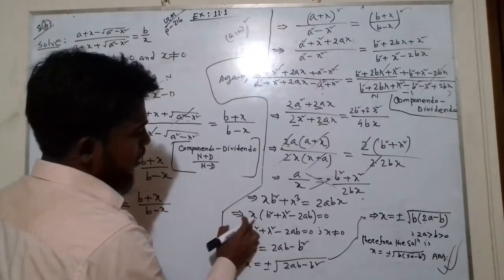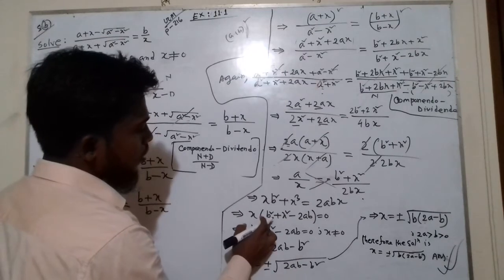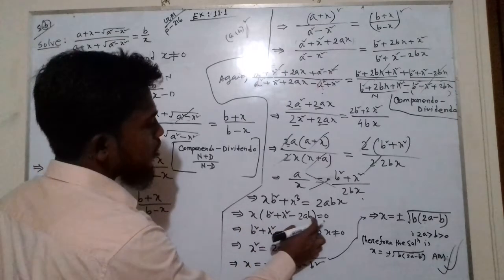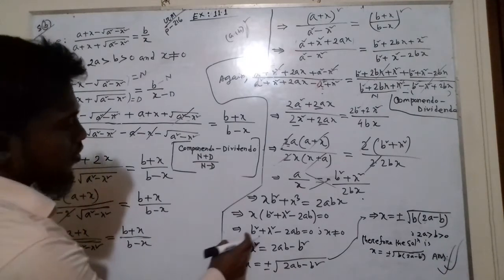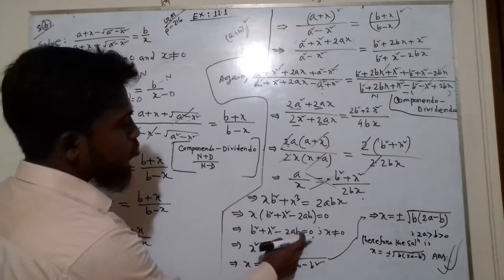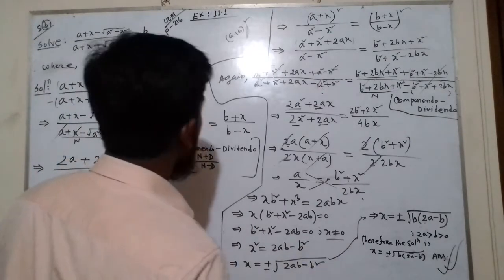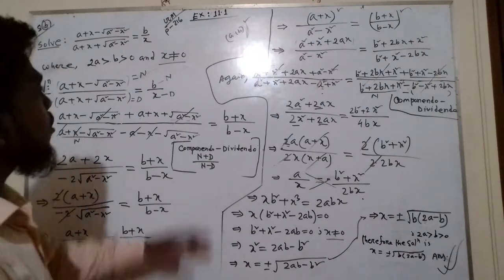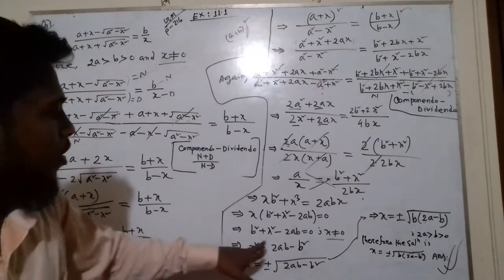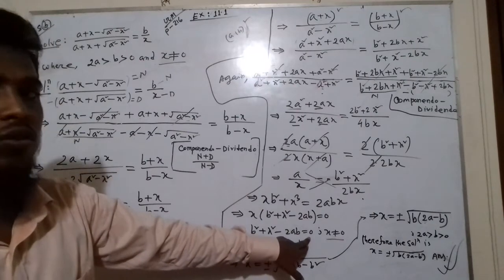So if we take common x from these three terms, b square plus x square minus 2ab equal to 0, when x not equal to 0. Here the condition is x not equal to 0. If we use this condition, then we can write b square plus x square minus 2ab equal to 0.